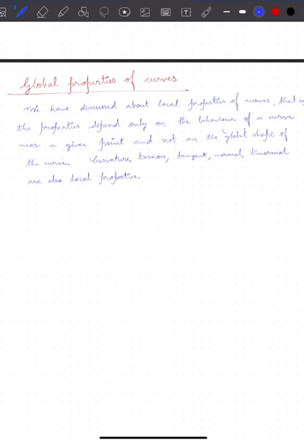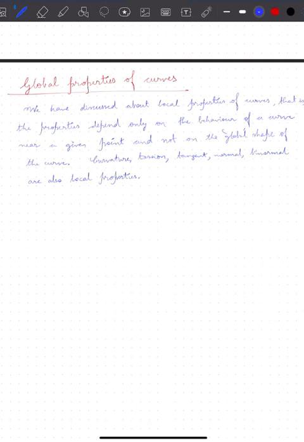In global properties, we often require concepts from topology, but since this is an introductory course in differential geometry, without any expectation of having been introduced to topology before, we will only be using certain results from topology rather than going very deep into it.